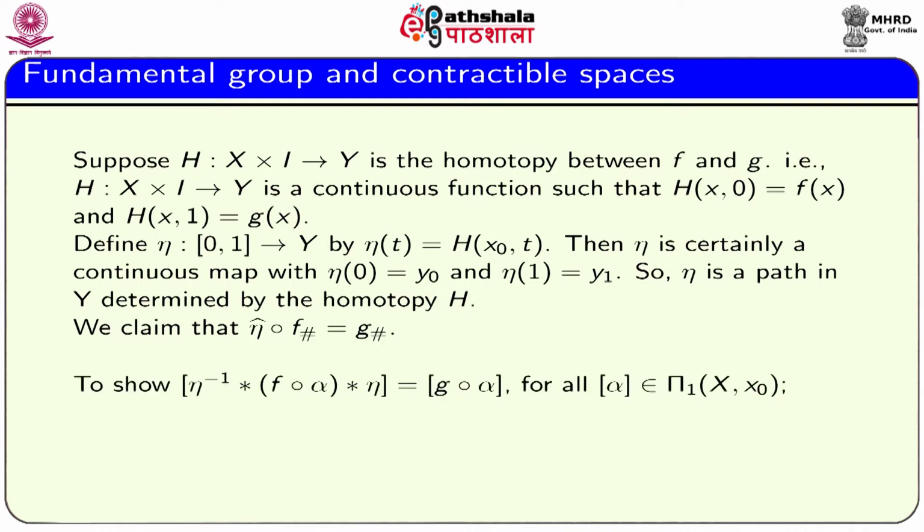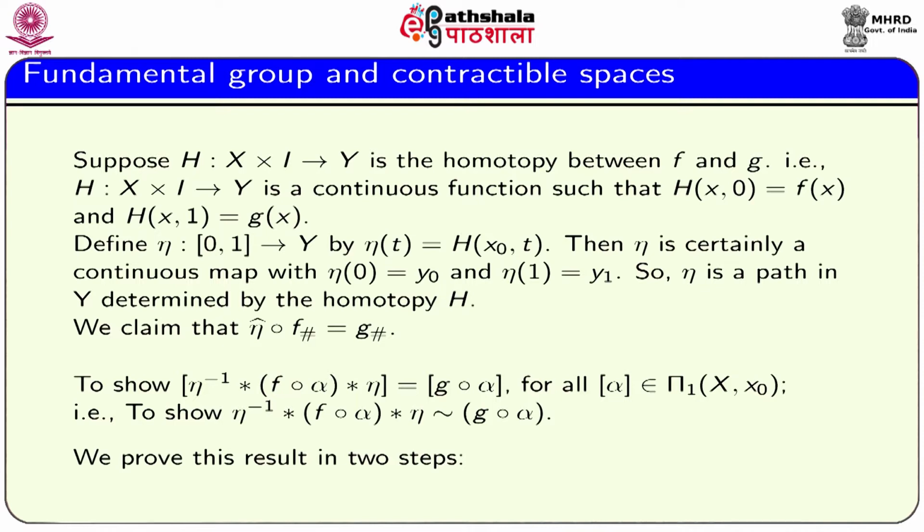So, to prove that, we need to show that the class of eta inverse star (f composed alpha) star eta is equal to the class of g composed alpha whenever we pick an element [alpha] from π1(X, x0). That means, to show that eta inverse star (f composed alpha) star eta is path homotopic to g composed alpha.